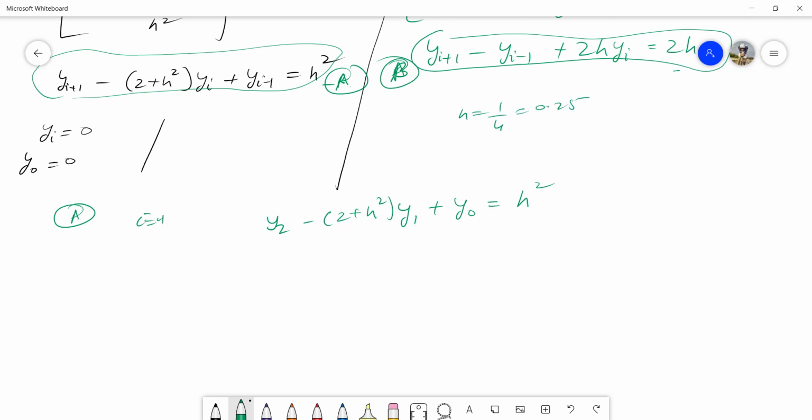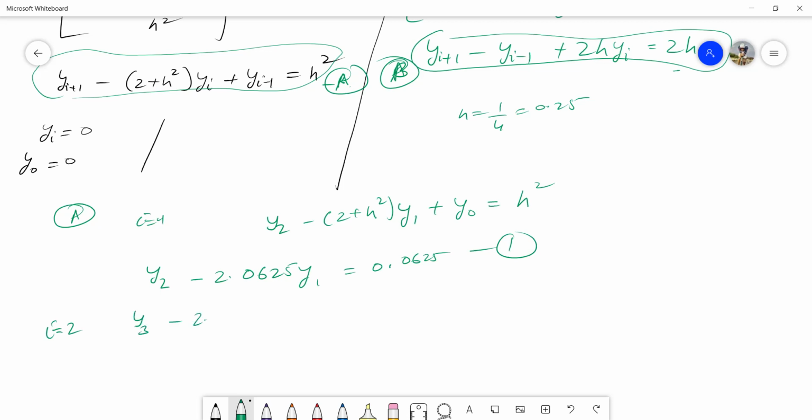So put all those values. So we have the equation as y2 minus 2.0625 y1 plus 0.0625.